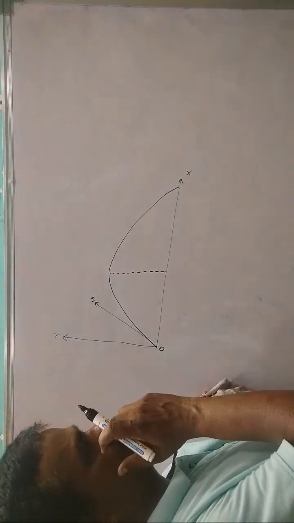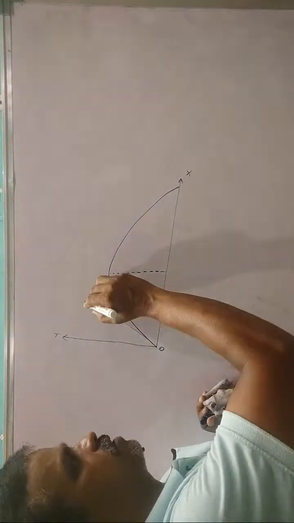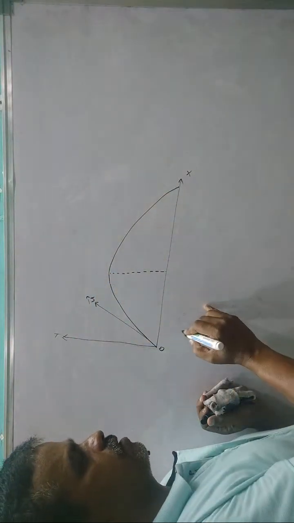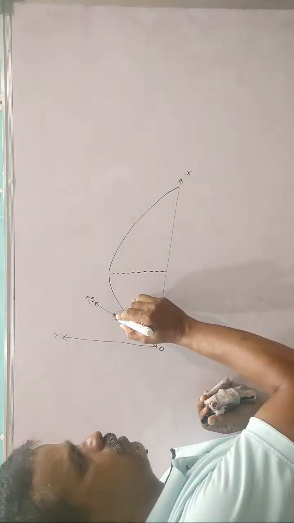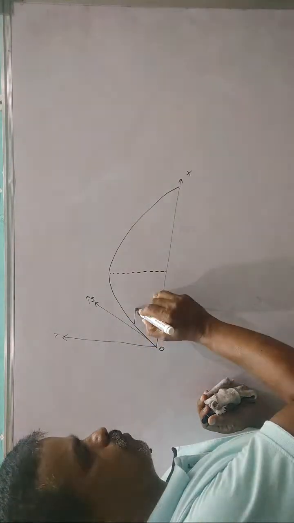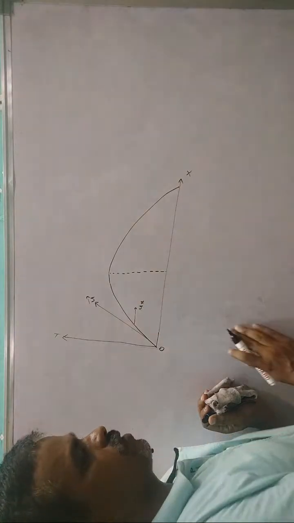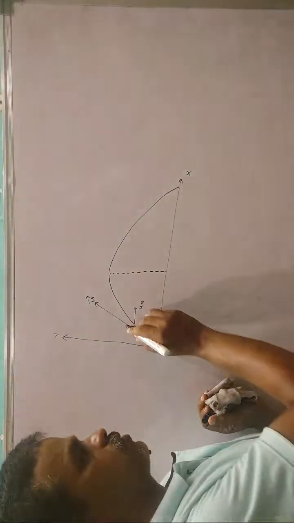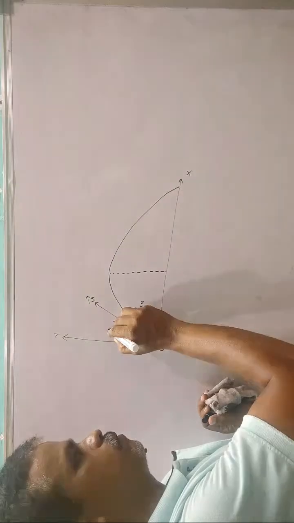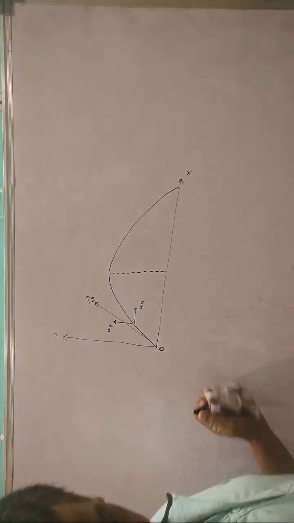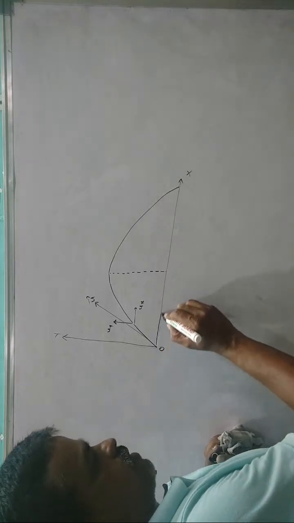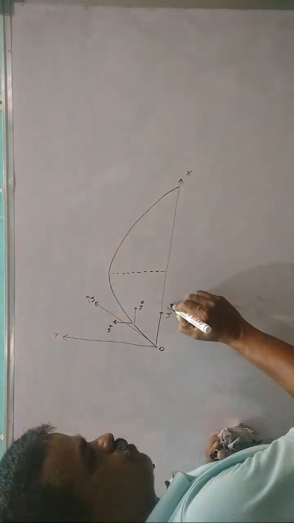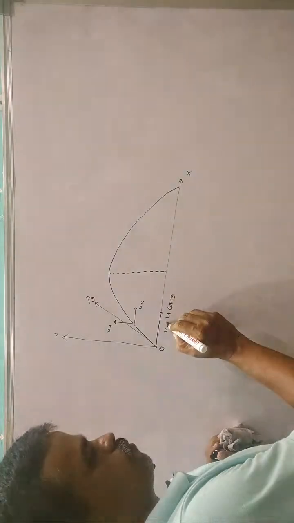Already I explained, the velocity vector component along x-axis is the ux component, and the perpendicular one is the uy component. Along the x direction, u cos theta.